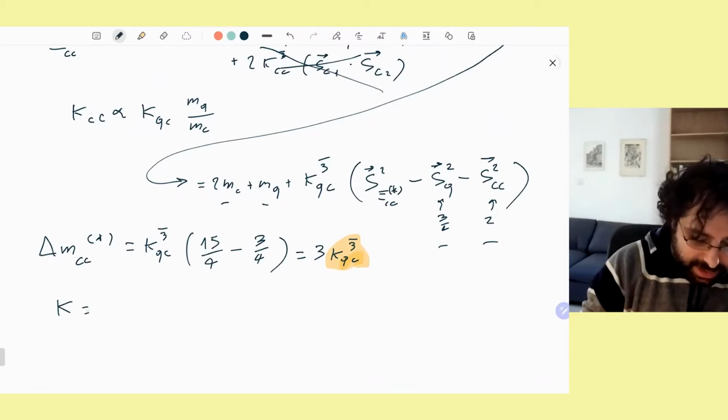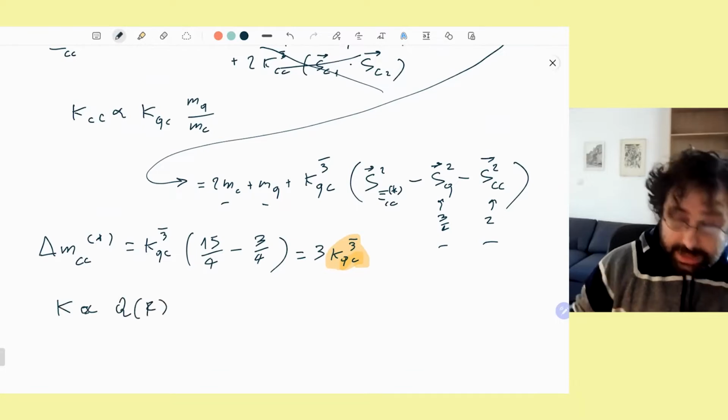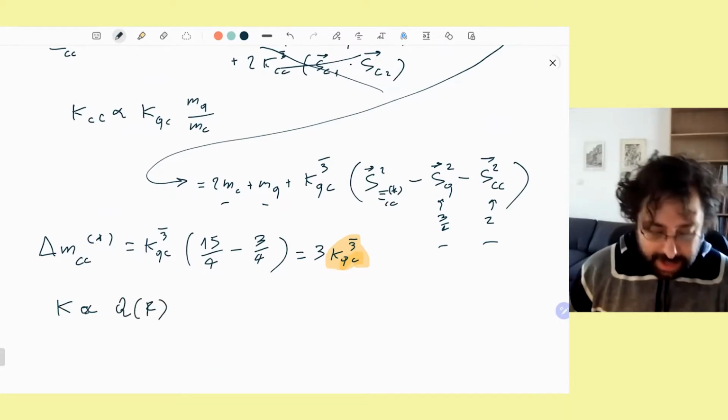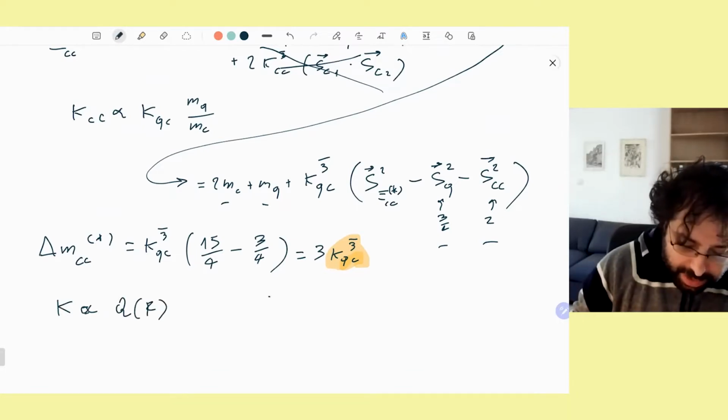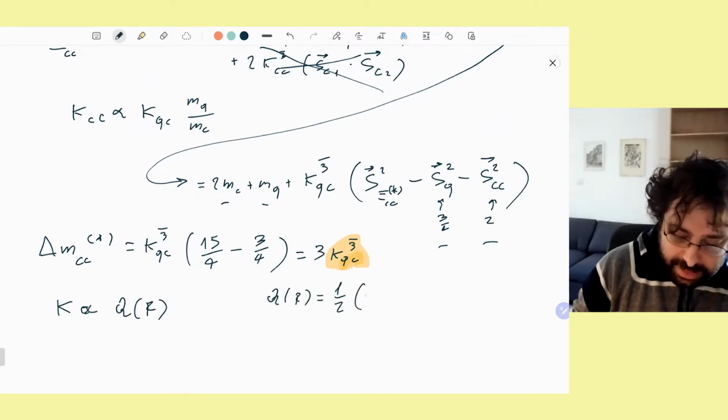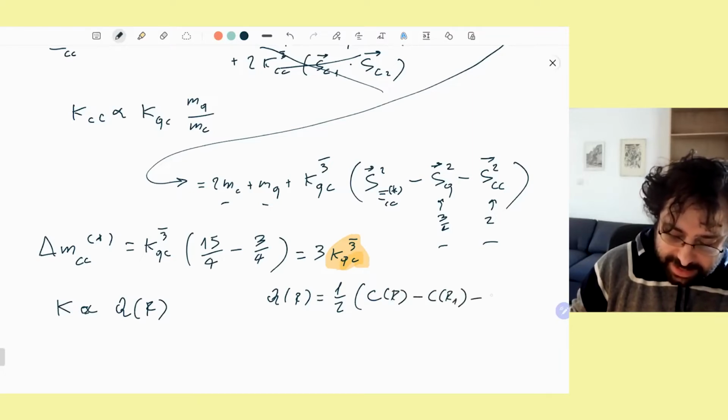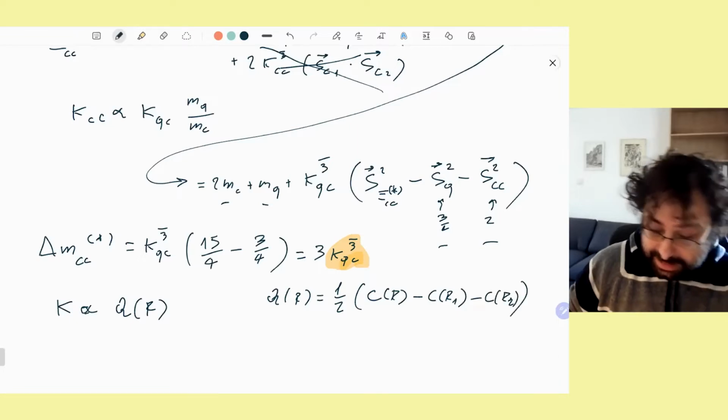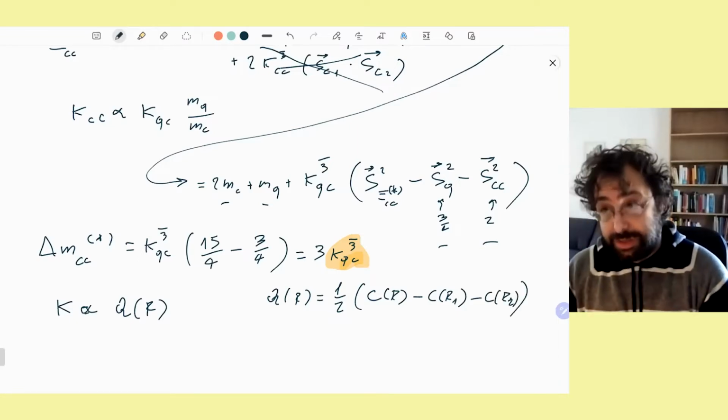So you can say that this is proportional to this Q factor that depends on the representation this state belongs to, and this Q_R is related to the Casimir, so it's 1/2 of the Casimir of the representation minus the Casimirs of the representations of the constituents.